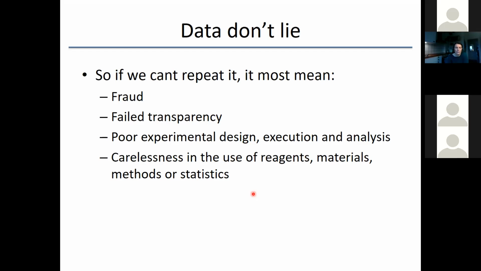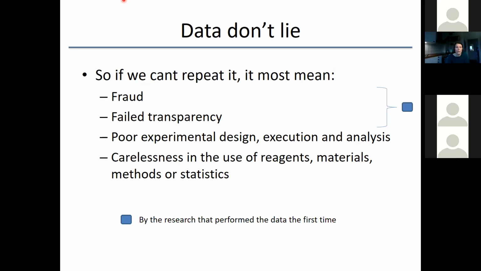The first one is, of course, the most problematic one, that somebody has committed fraud. But we also have failed transparency, so that the people who published haven't been transparent enough for you to repeat it in a good way.